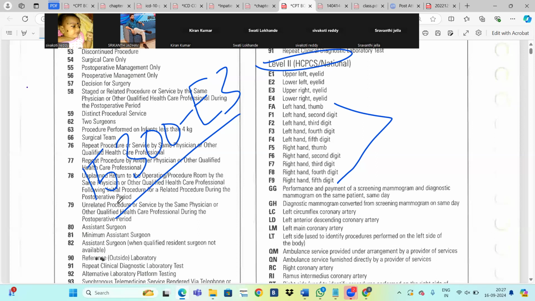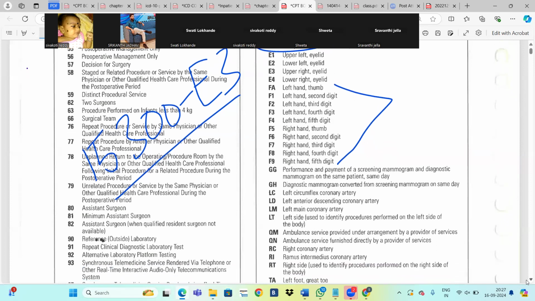Sometimes they will give third digit, second digit like that. Sometimes they will give the name of the digit, like ring finger, index finger, little finger. You need to remember. Then F8 to F9, clear, right?